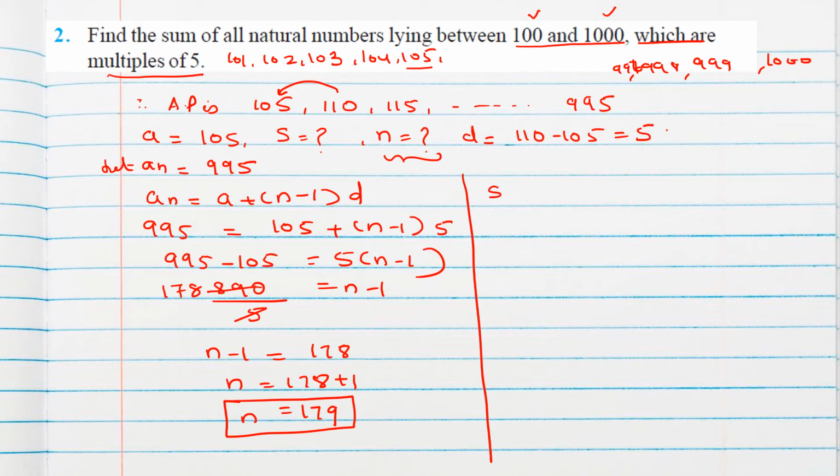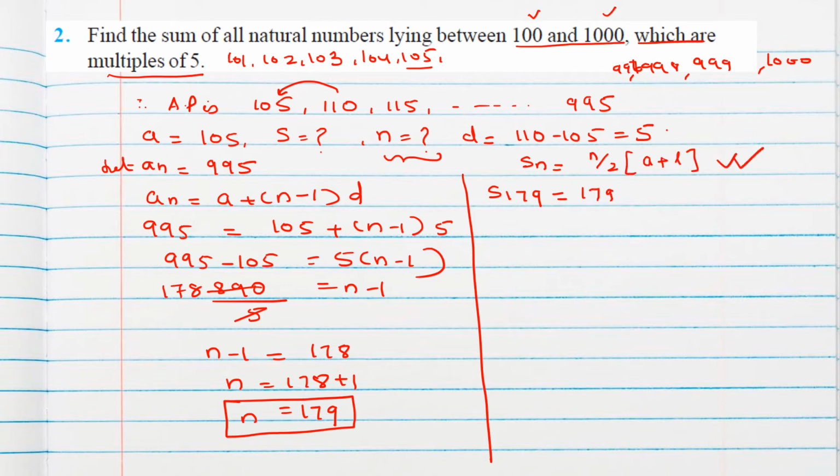That means S179 we should find here. S179 we can find using, see, the basic formula is also there, but since we know the first term and last term here, this formula we can use.